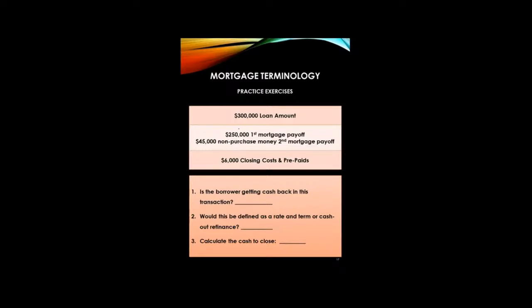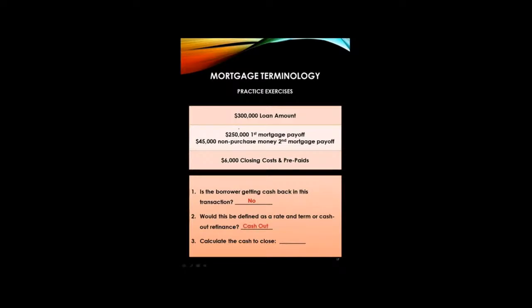Is the borrower getting back cash in this transaction? Nope. Why is that? Because they are paying off a first and a second, and the first mortgage is 250, and they're just paying off the second non-purchase money. So no cash in here.